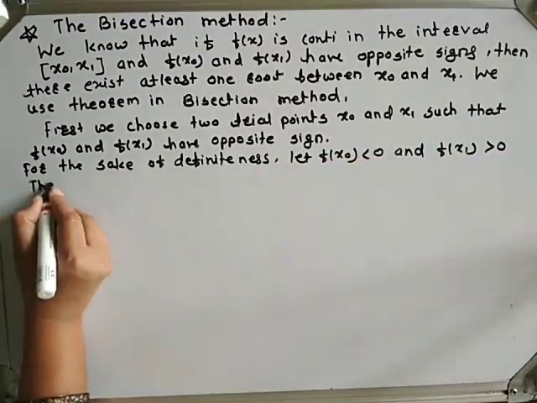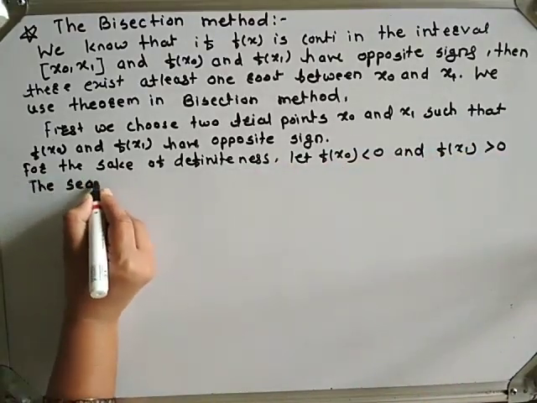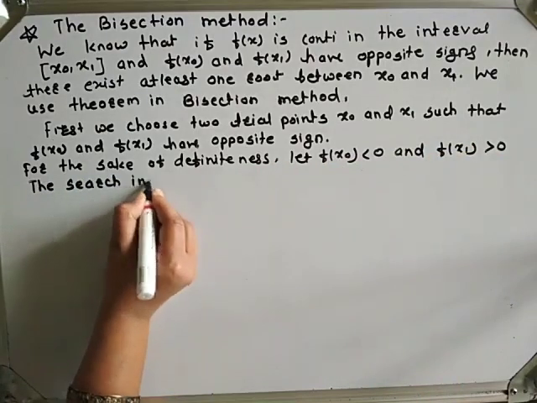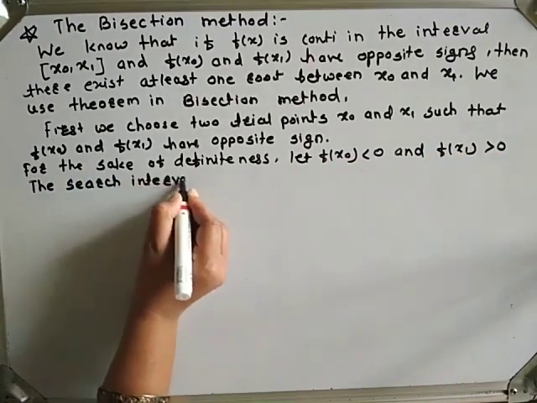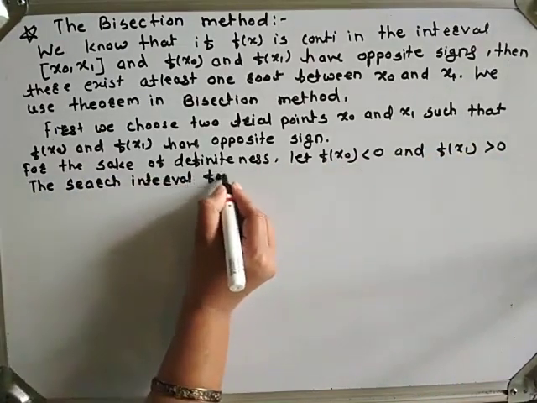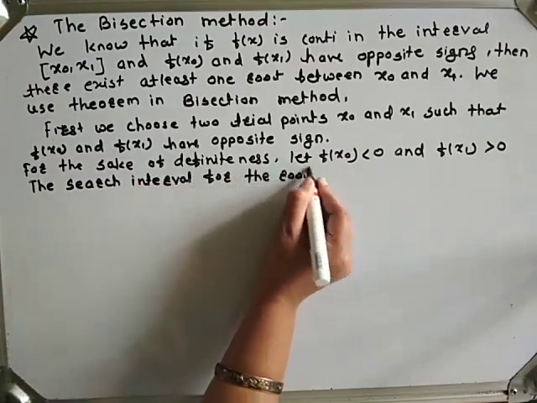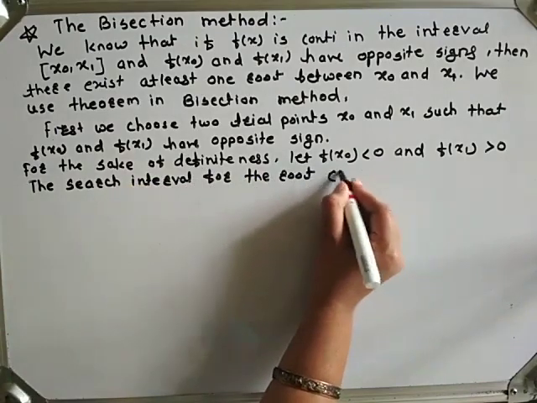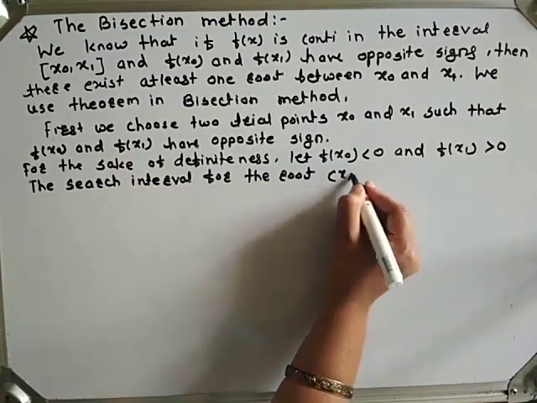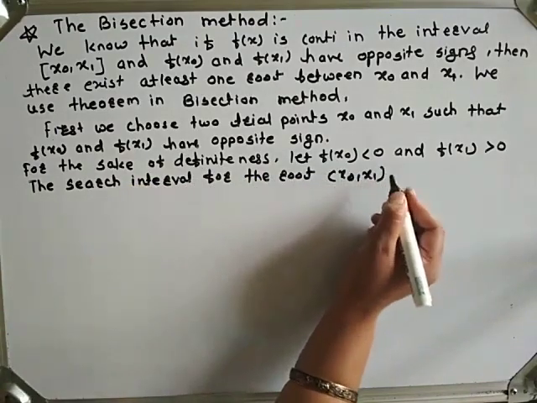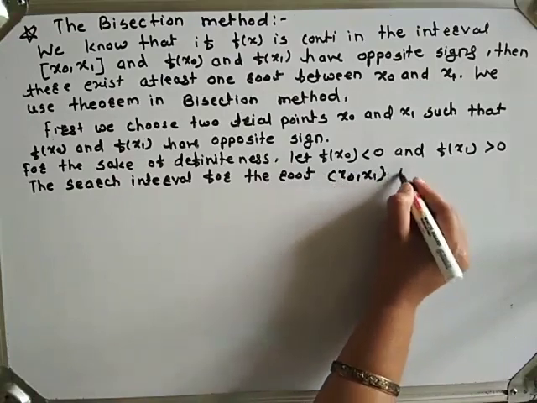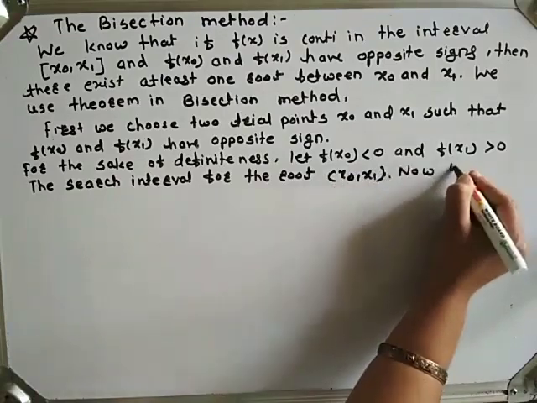The search interval for the root is the open interval x0, x1.